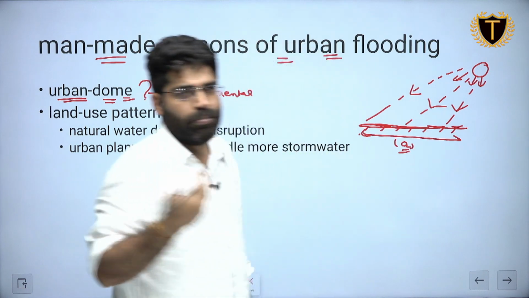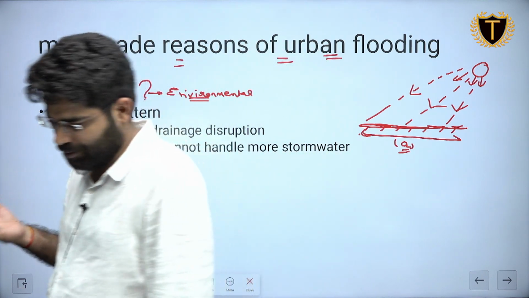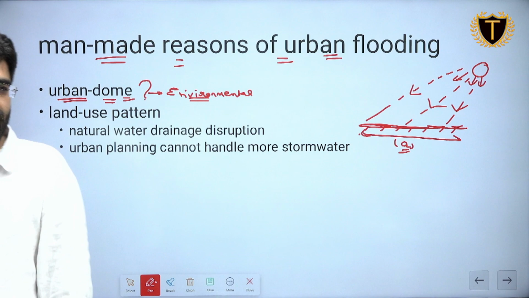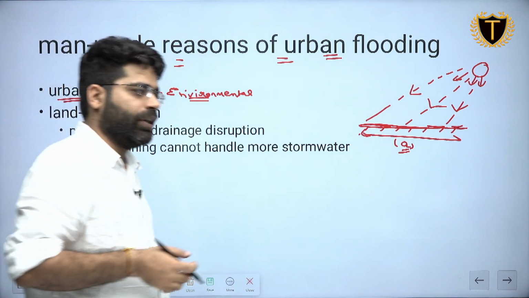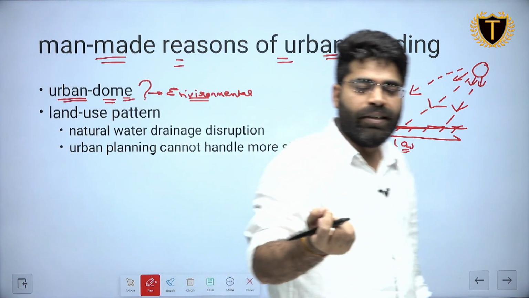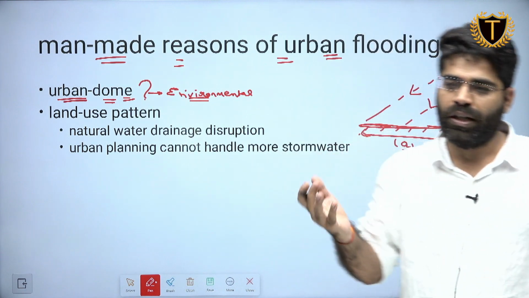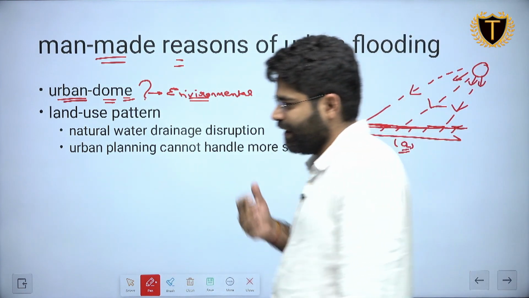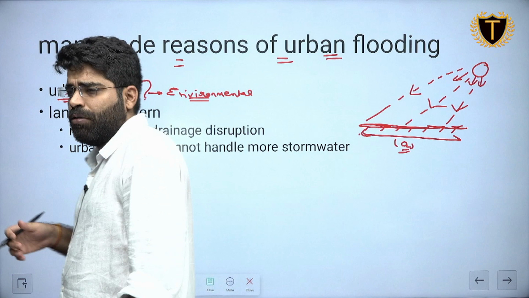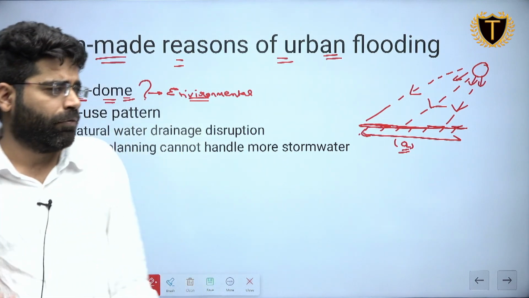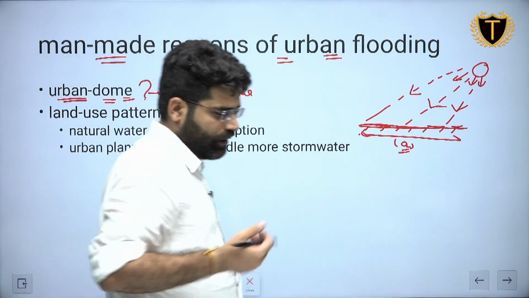Now, as man moves into a plain area, the development will take place, the urbanization will take place, the population density will increase, more and more people will settle inside a particular area. Now, how to accommodate these many people in a particular area?